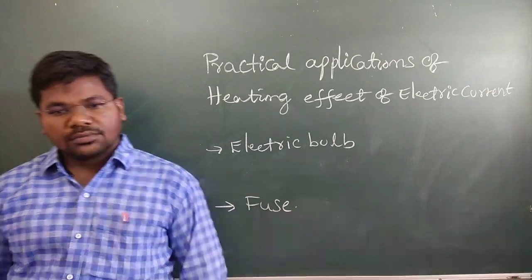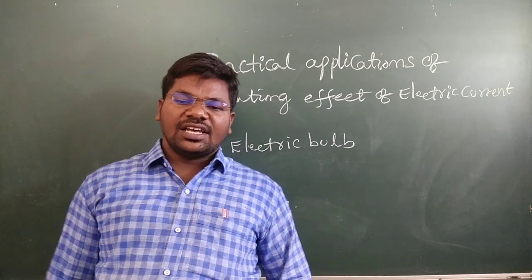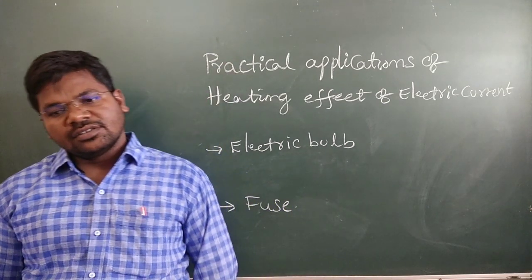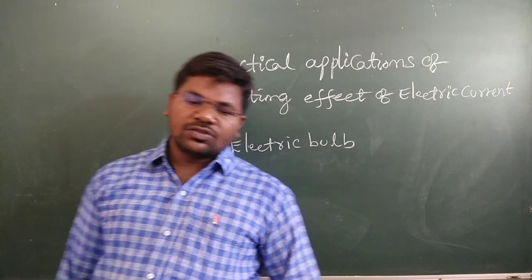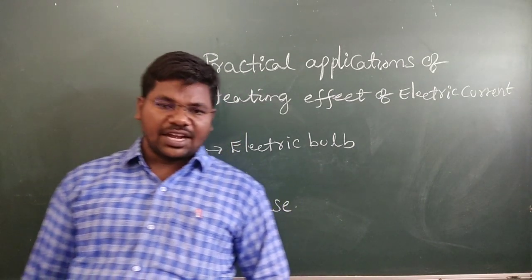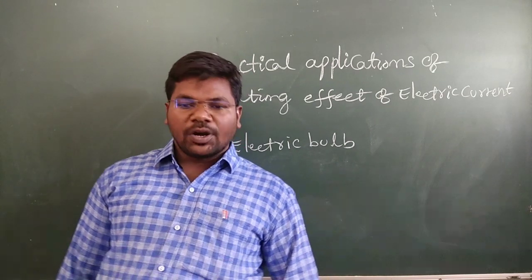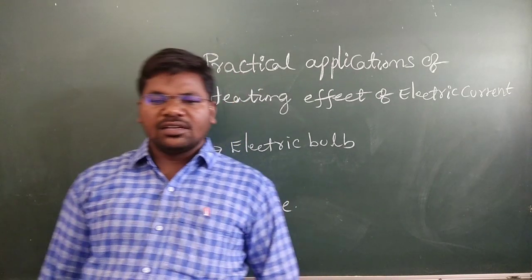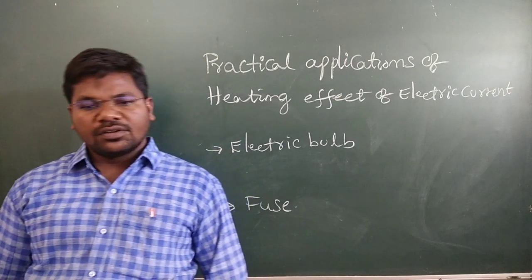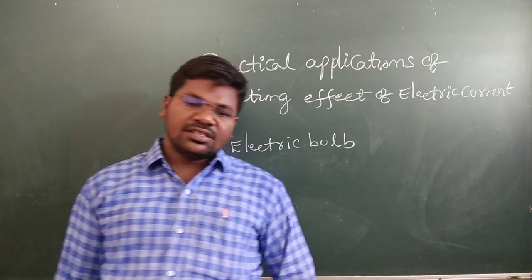Coming to the fuse. A fuse is a safety device connected in a household circuit in series connection. It protects the circuit by stopping the flow of any high current.